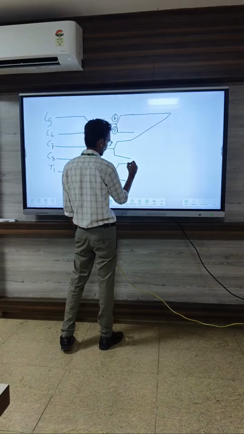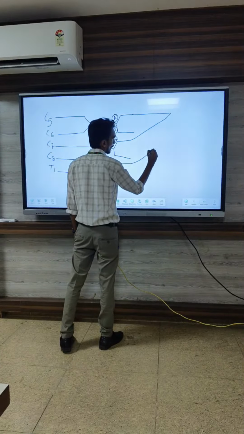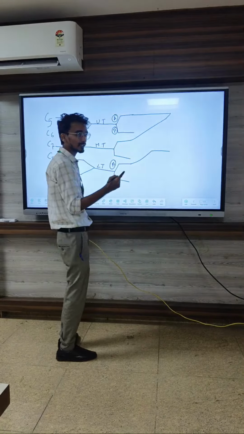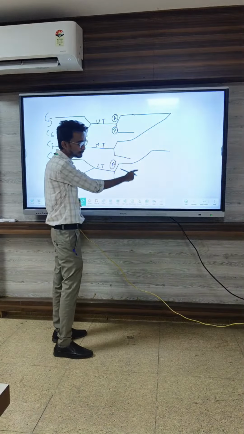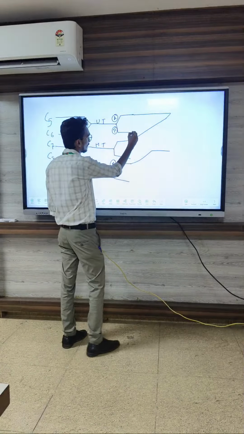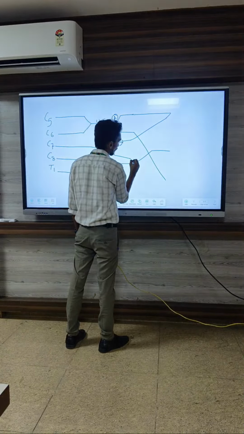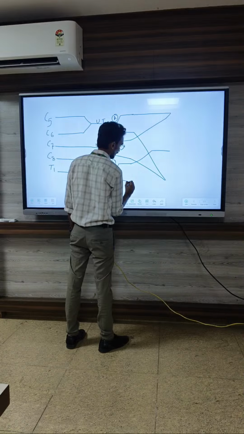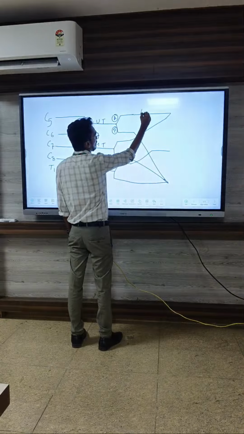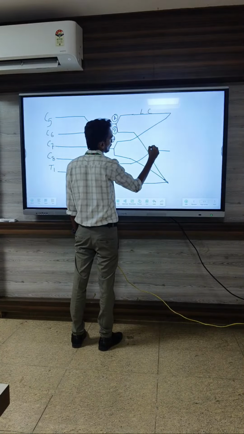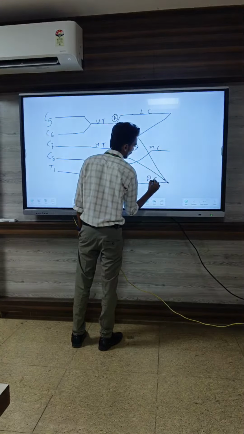This is formed by the anterior division of the lower trunk alone. The last cord is the posterior cord. The posterior cord is formed from the posterior divisions of all the trunks: posterior division of the upper trunk, middle trunk, and lower trunk. This is the lateral cord, medial cord, and this is the posterior cord.